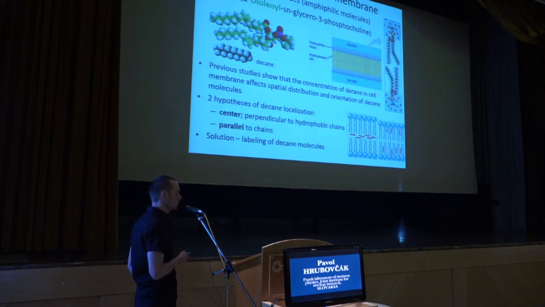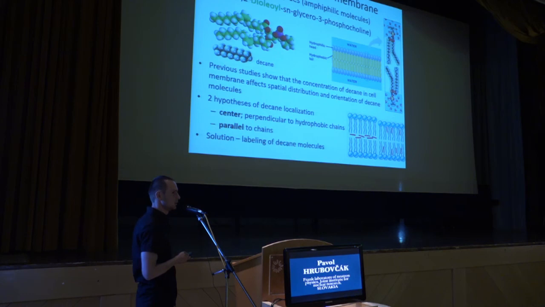So we created bilayers which were as simple as possible. They were composed of just one kind of phospholipid. We chose DOPC, and in these model membranes we tried to introduce decane molecules as representatives of general anesthetics.